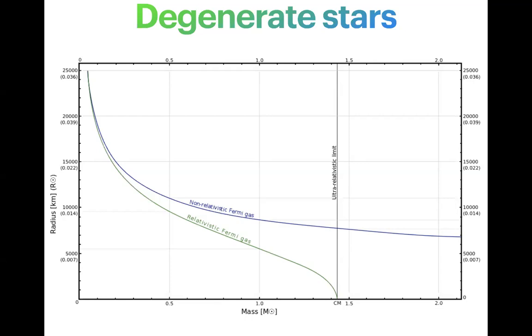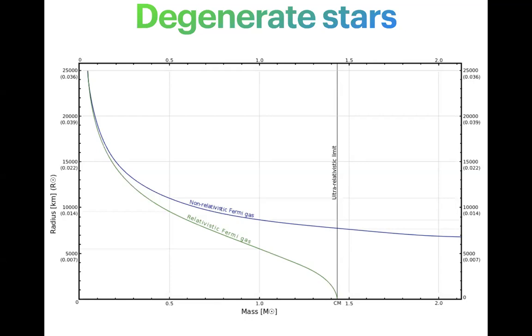But if you use the ultra relativistic Fermi gas, then the electron energy also goes as 1 over r. So the gravitational energy goes as 1 over r, the electron energy goes as 1 over r. So there is no minimum, right? The minimum is actually at 0. So it would tend to collapse all the way, or until other physics kicks in.